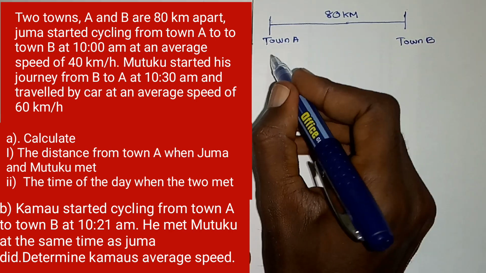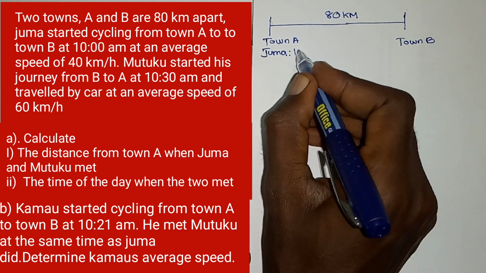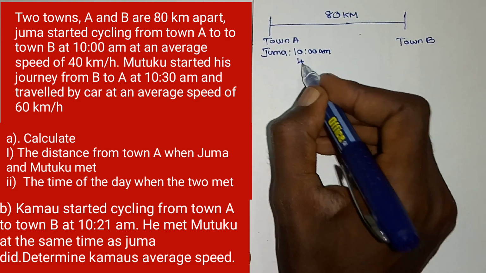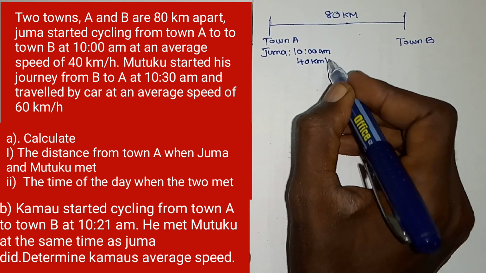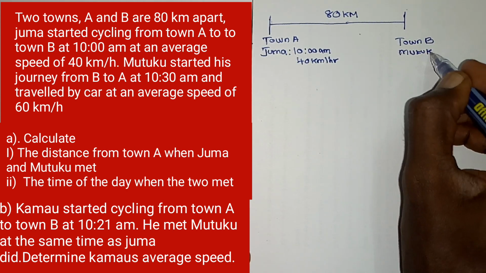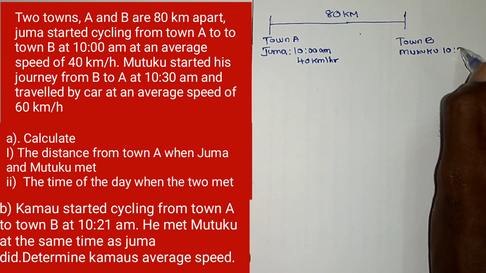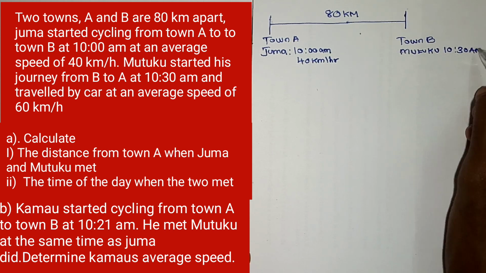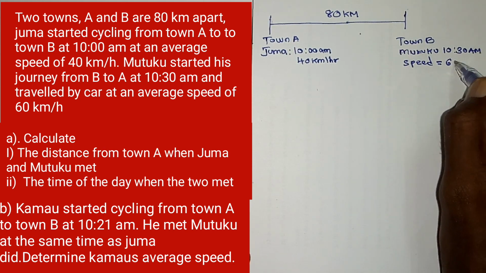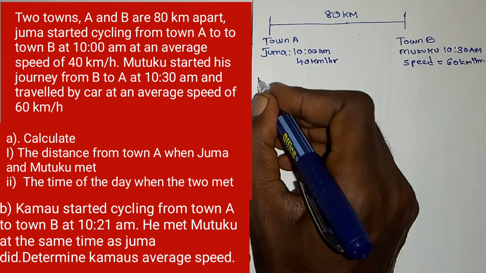Then we were told that Juma cycled from town A at 10 a.m. at an average speed of 40 kilometers per hour, while Mutuko cycled from town B to town A at 10:30 a.m. at an average speed of 60 kilometers per hour. Let us solve problem 1.